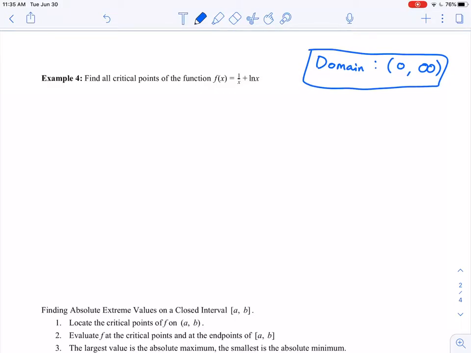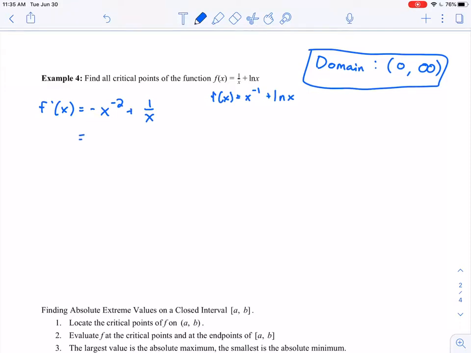So we're going to find critical points, which means we need the derivative. I'm going to rewrite this first. f of x is really x to the -1 power plus natural log of x. I'm going to write it that way so that I don't have to use the quotient rule. So f prime of x, my derivative, will be -x raised to the -2 power plus the derivative of natural log of x, that's 1 over x.